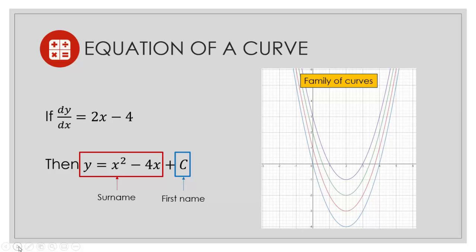Just to illustrate my point, this is the curve for y equals x squared minus 4x plus 0. This is the curve for y equals x squared minus 4x plus 1. This is the curve for y equals x squared minus 4x plus 2. And finally, this is the curve for y equals x squared minus 4x plus 3.